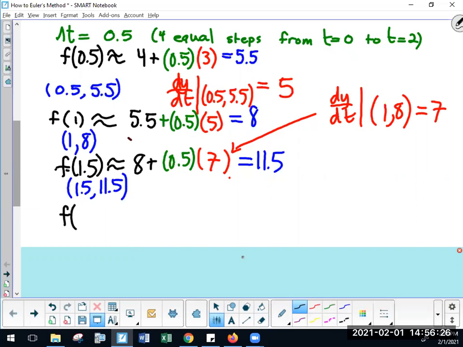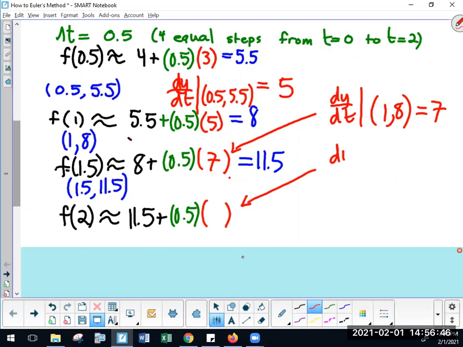So we finally arrived. We're approximating 2. So we start by saying we're at the point 1.5 comma 11.5. I need to add to that 0.5 units of the slope, and the slope is dy dt, that's the slope, evaluated at the point 1.5 comma 11.5.